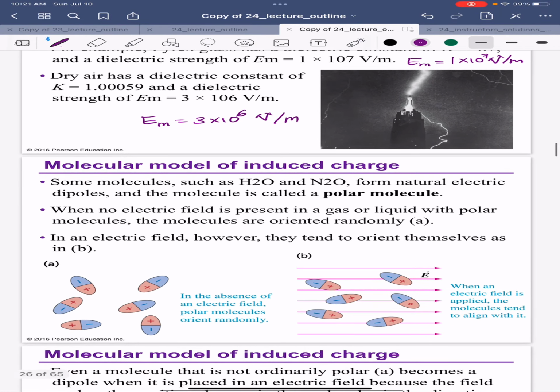Now, this is just talking about why we have that polarization. Some molecules, such as H2O and N2O, have a big difference in electronegativity.